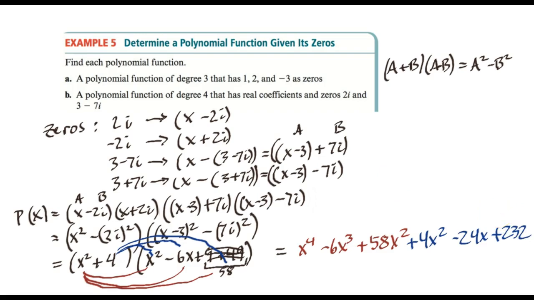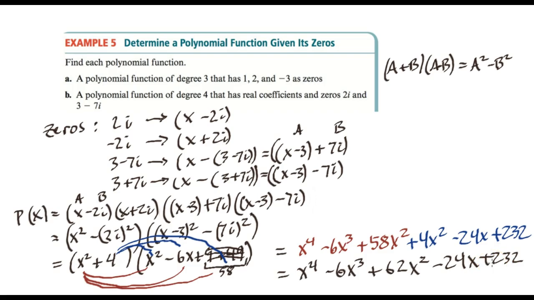Then we combine like terms: x to the 4th, negative 6x cubed, with nothing to combine there, and then plus 62x squared, negative 24x, plus 232.